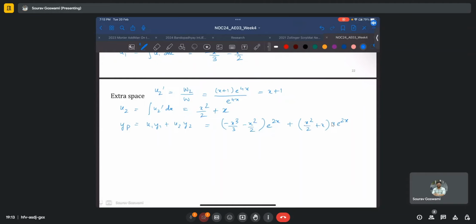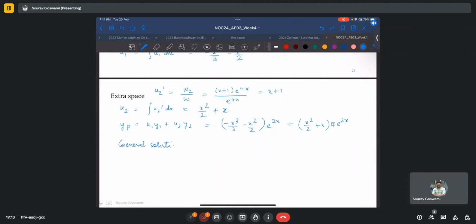Of course, this can be simplified further, and our general solution of the given non-homogeneous ODE will be a combination of the complementary function and the particular solution.